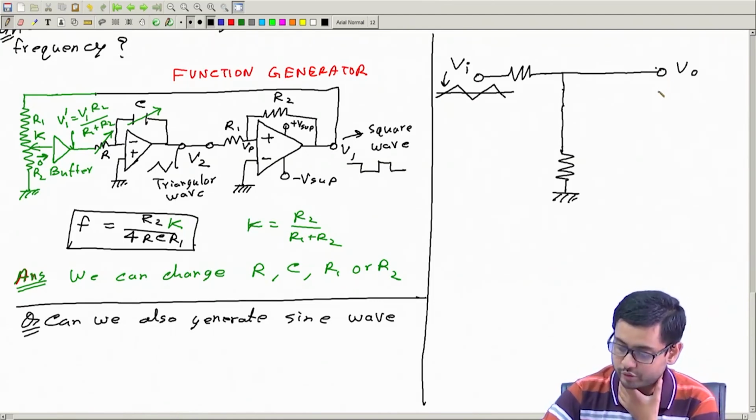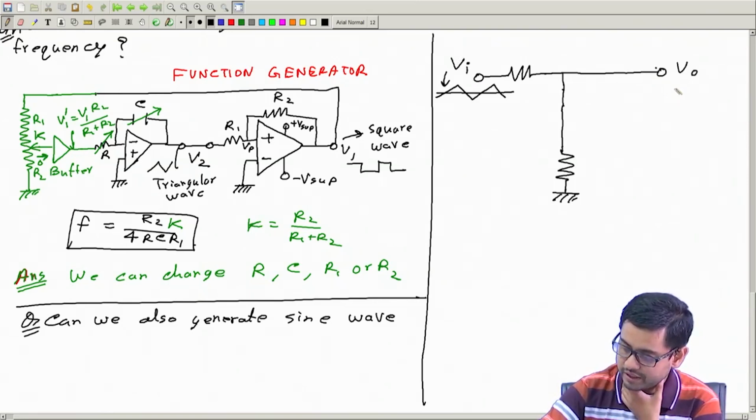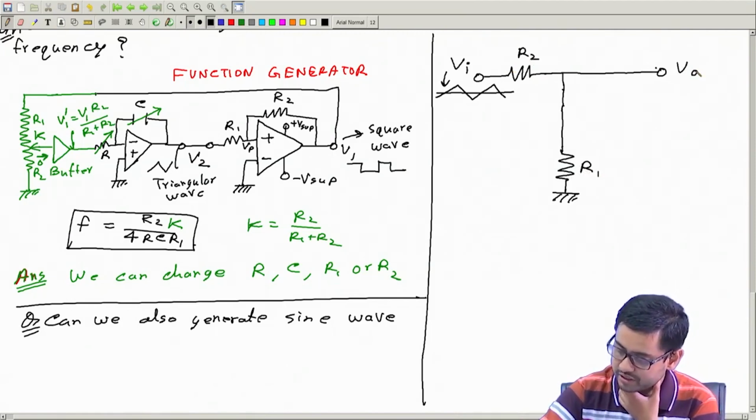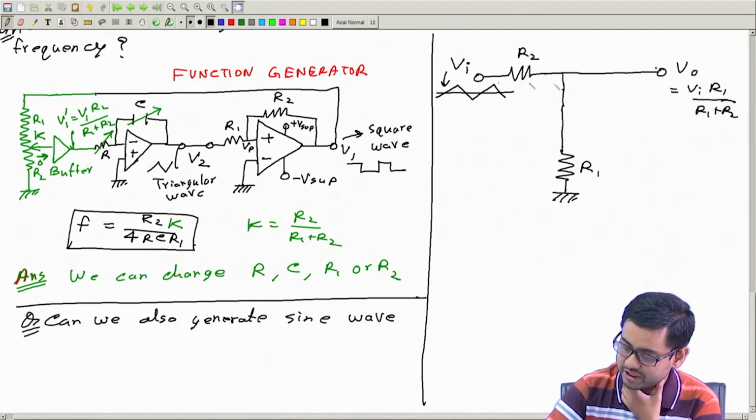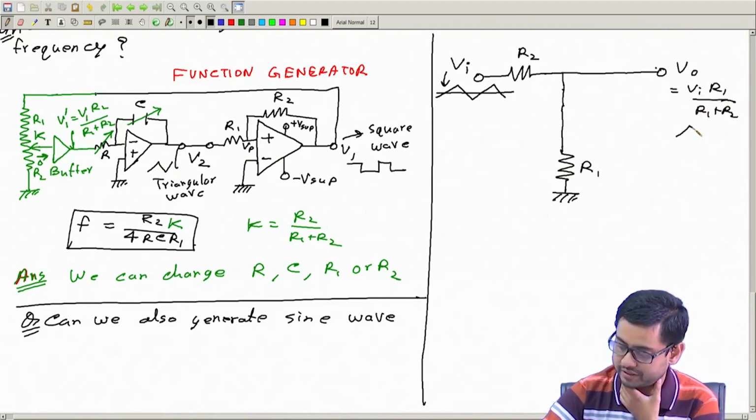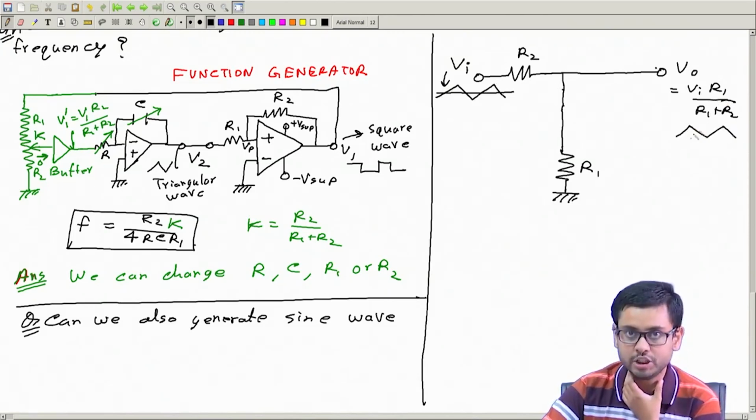It will also be a triangular wave, right? Because the output is simply, if I call this R1, if I call this R2, Vi multiplied by R1 by R1 plus R2. So, if this is triangular, this will also be triangular, quite natural, with a reduced amplitude, right?